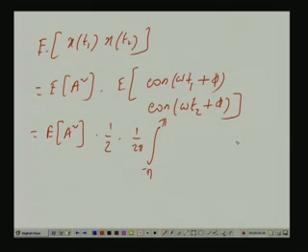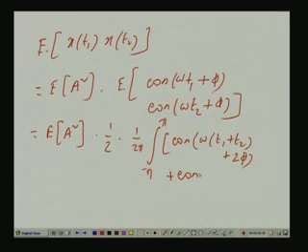Okay. So, this will give rise to two terms, cosine omega t1 plus t2 plus 2 phi, plus cosine, just omega, phi cancels now, t1 minus t2, d phi.